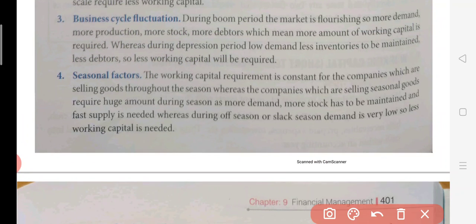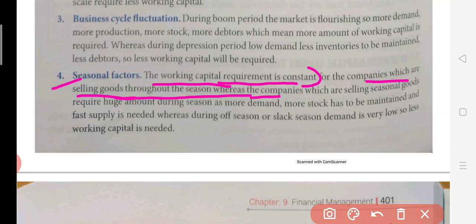Now, seasonal factor. The working capital requirement is constant for companies which sell goods throughout the year, because in every season they will be manufacturing. Take the example of a biscuit manufacturing company. Biscuits are manufactured throughout the year, so their working capital requirement will be constant.